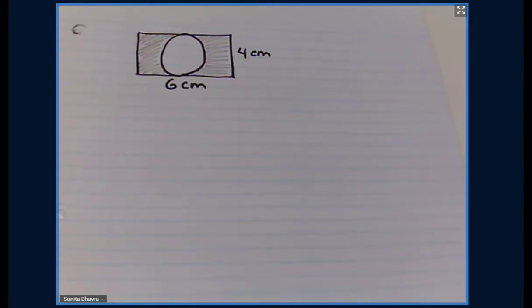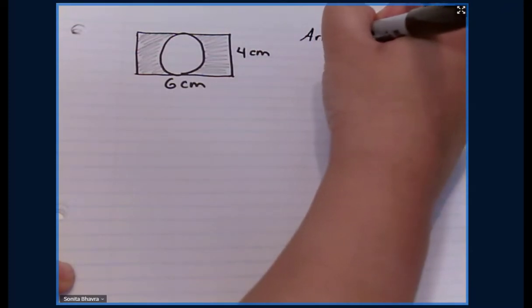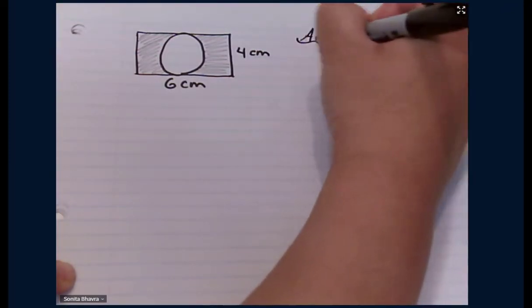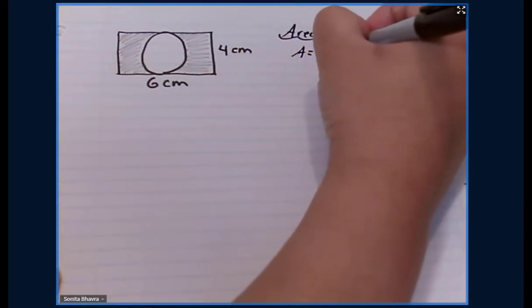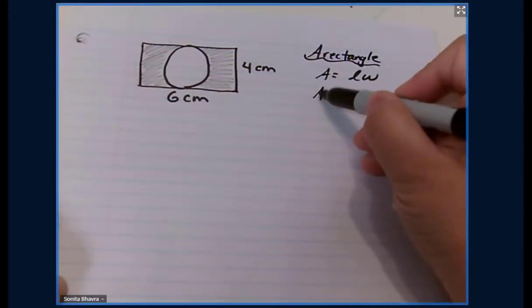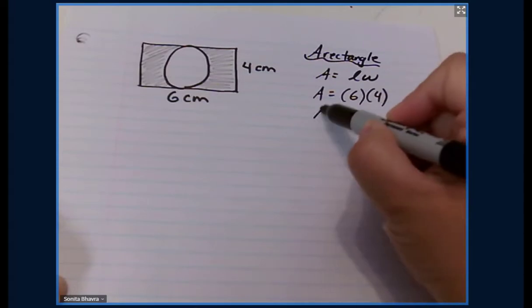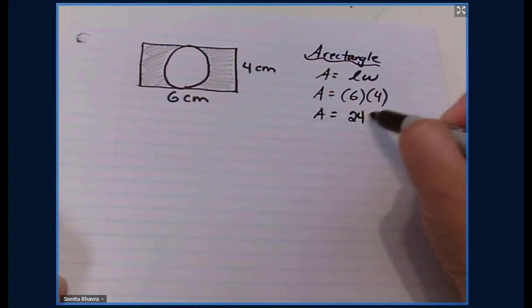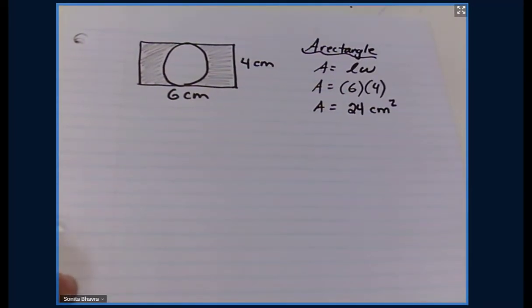All right, so let's start with area of rectangle, which is equal to length times width. So our area is going to be 6 times 4, which gives me 24 centimeters squared. So that's our area of the rectangle.